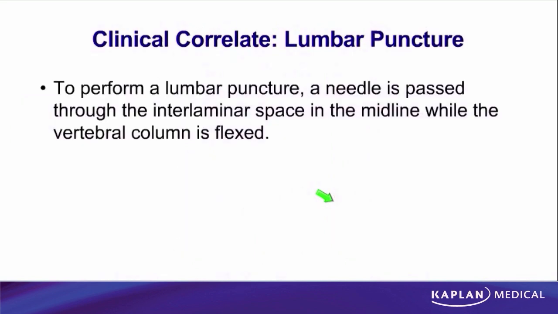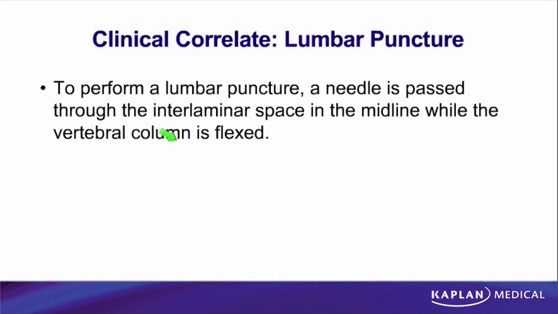So let's talk about lumbar puncture for a moment. As we've said, this is a clinical correlate in your notes: in order to perform a lumbar puncture, you pass a needle through an interlaminar space. It's done in the midline, and it's done while the vertebral column is flexed. Why is it done when the vertebral column is flexed? Since the interlaminar space is your target, what you're aiming for with your needle, you'd like that target to be as large as possible.